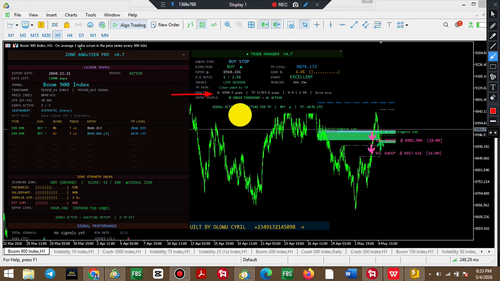But it comes as a pip count, making it difficult for you to identify the exact point. Why in some pairs the SL and TP levels appear, I don't really know why that is. So maybe I'm going to check it, and when I'm able to rectify it, I'll also update you guys with the rectified copy.